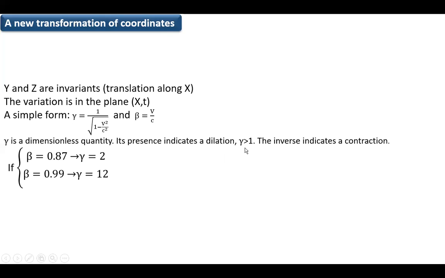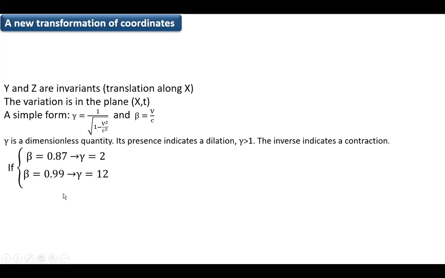If you see gamma in an equation, it means you have a certain dilation. So your quantity is becoming bigger and bigger. If you have the inverse, 1 over gamma in an equation, it means that you have a contraction. So your quantity is becoming smaller with the speed.